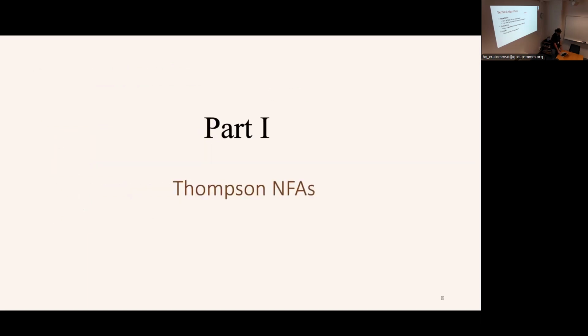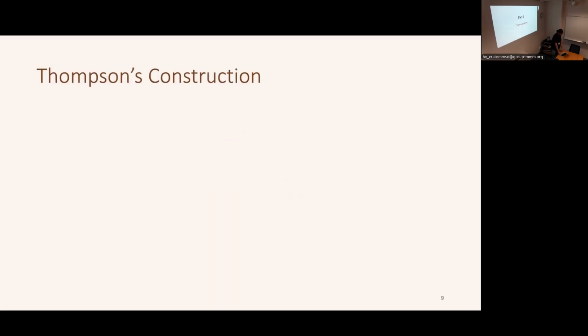So the first part of this talk is going to be about the very traditional technique of converting a regular expression into Thompson style NFAs. And we have all seen this in an introductory automata theory class.